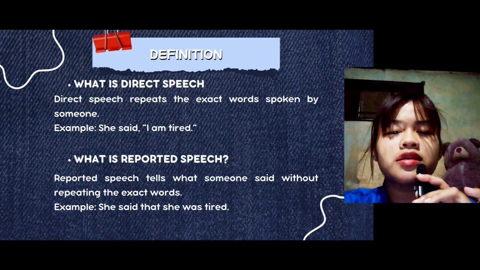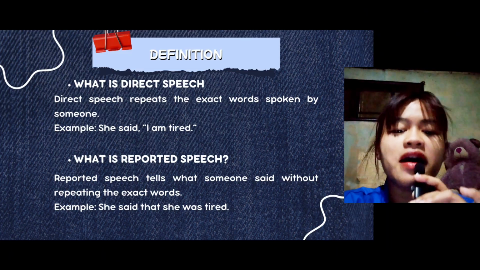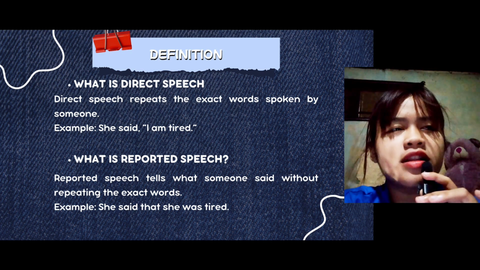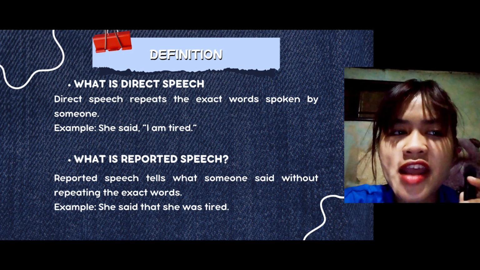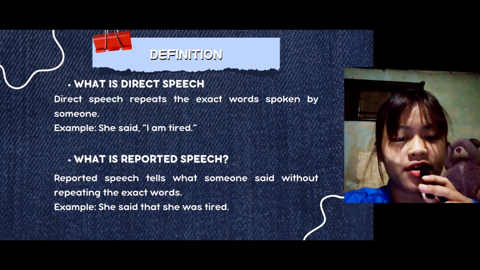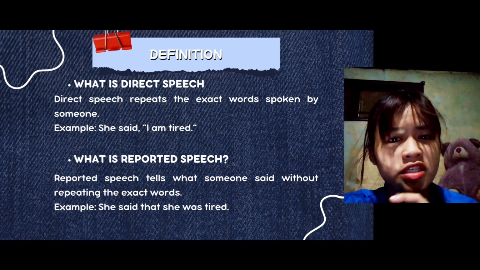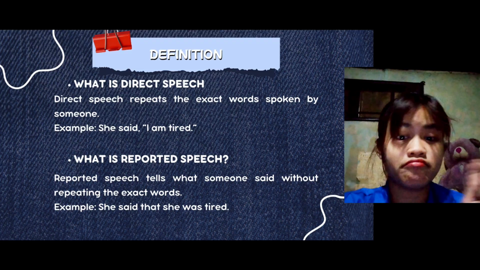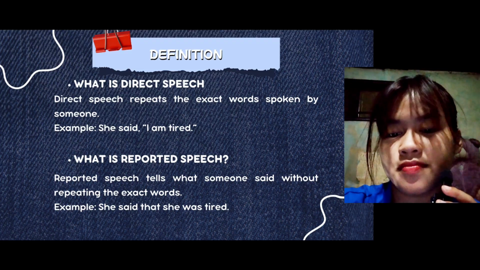Reported speech tells what someone said without repeating the exact words. For the example, the direct one is she said, "I'm tired," and then the reported speech will be she said that she was tired. That's the difference.